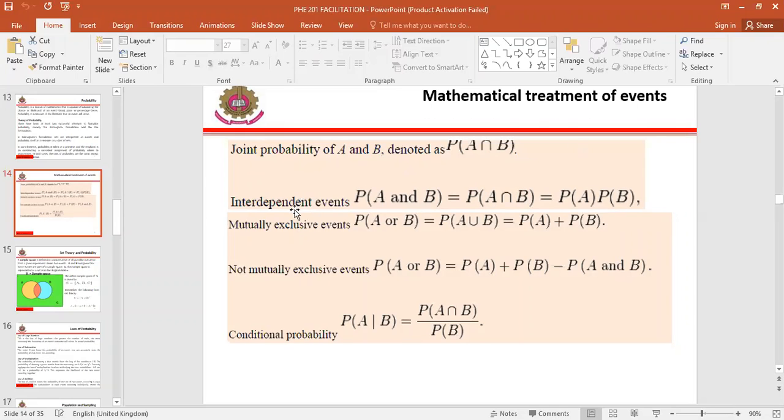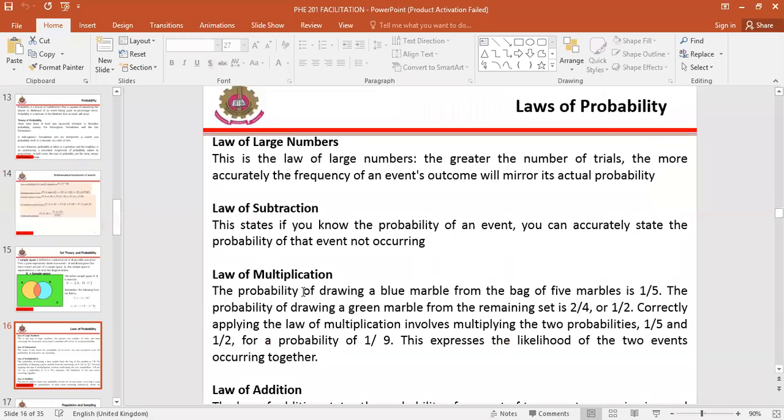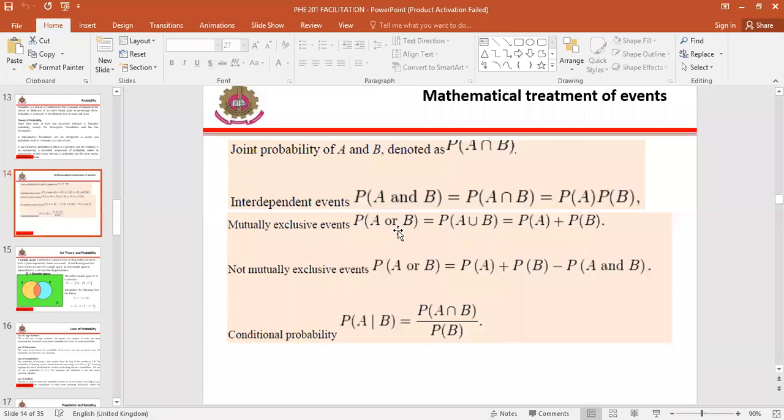Now, if you have interdependent events, like you have here, they say probability of A and B. Don't forget we said and is the same thing as intersection. So that's how we have A intersection B, A and B, A intersection B. They now say that by this principle of multiplication, please remember some laws here. It means that you can split, just like you expand a bracket.